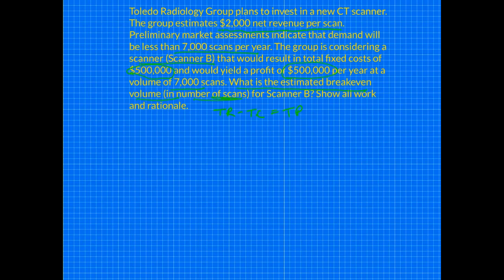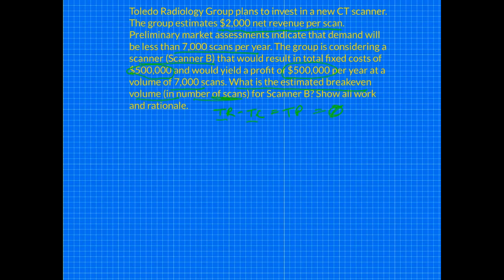When we use our profit equation, how is break-even going to even help us with that? Break-even, all that is using our total profit equation and just saying our total profit is going to equal 0.